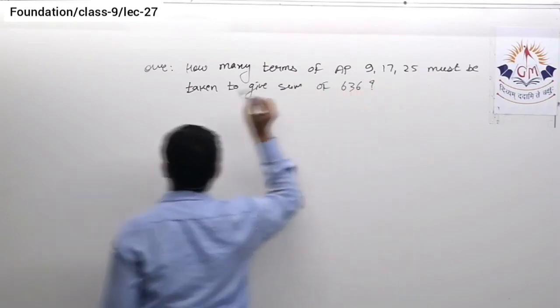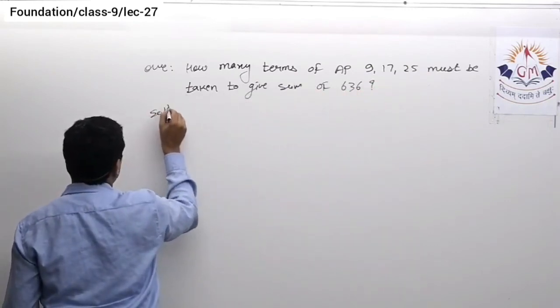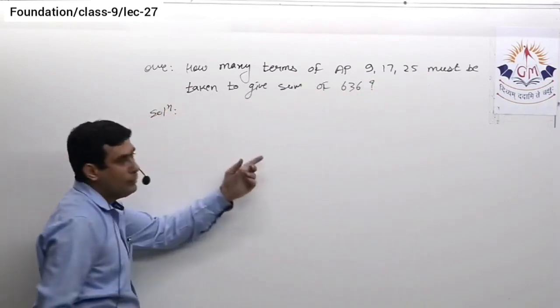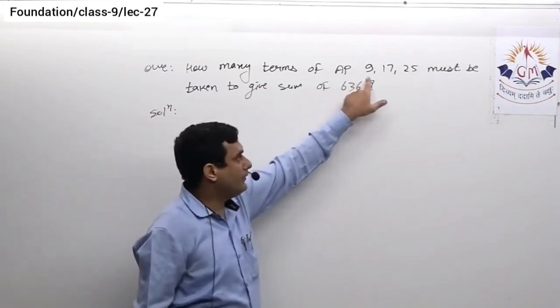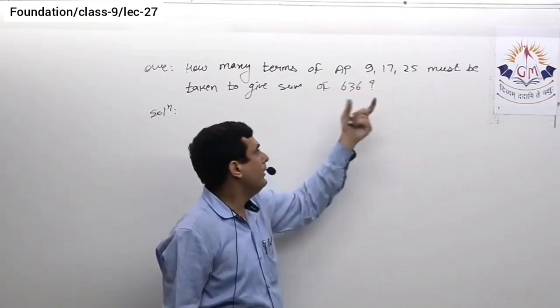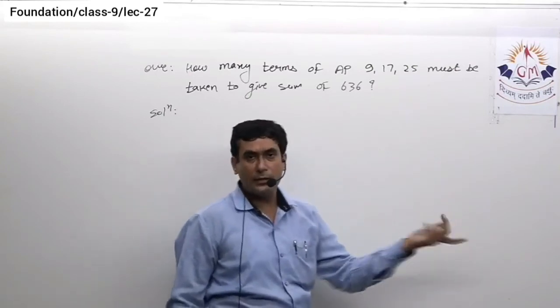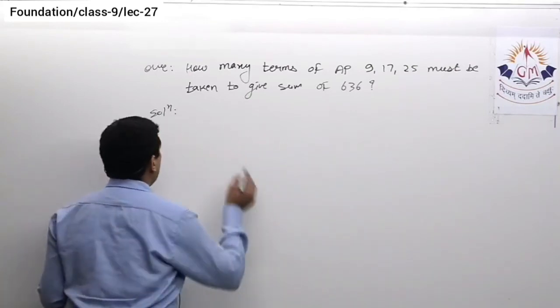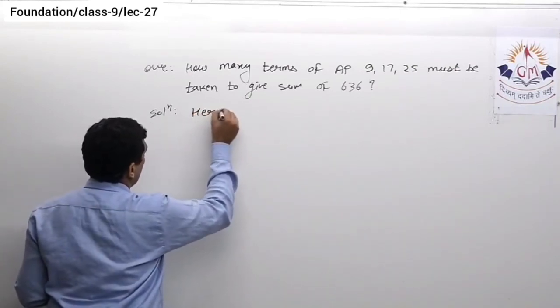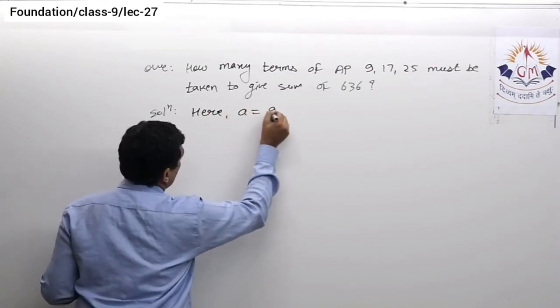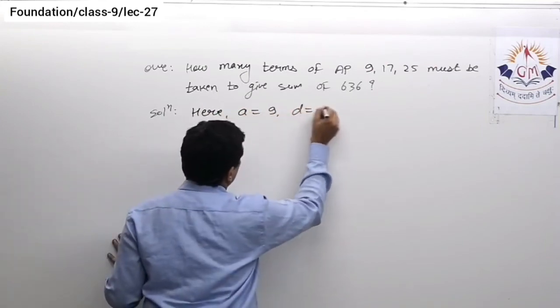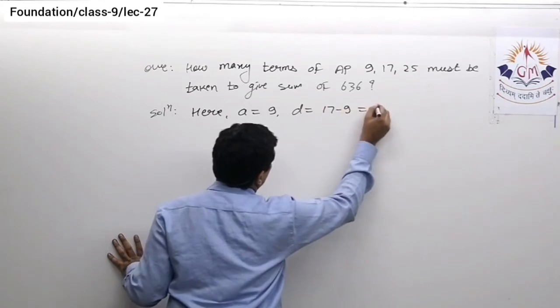Okay, so directly what they are asking is the number of terms, how many terms. So a is given, d is given, sum is given, they are just asking to find n. So here a is equal to 9, d is equal to 17 minus 9, that is 8.